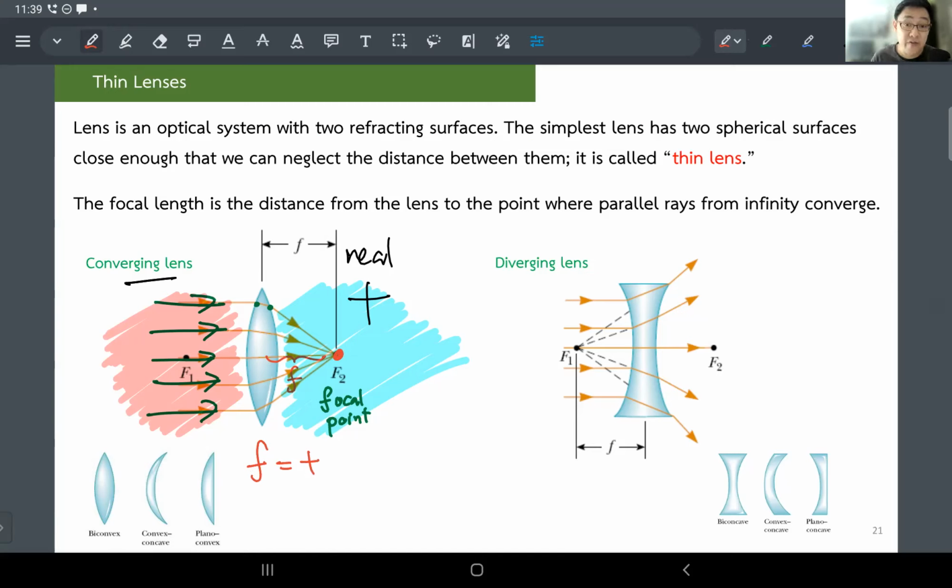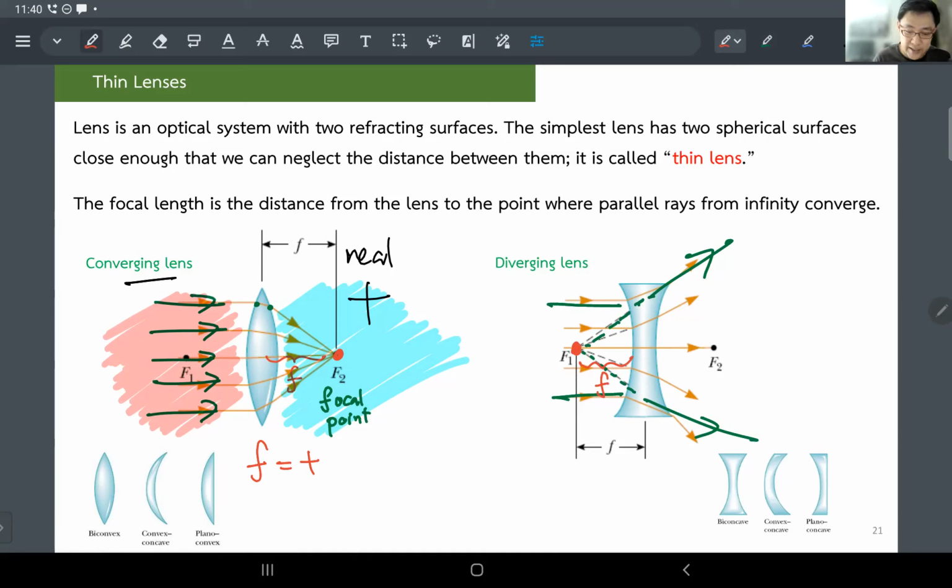Now look at another type of curvature. If you have a diverging lens, that means when you send in light, it gets diverged out. Of course, the rays are never going to cross. So the only way to get the crossing point is to extend those rays yourself. So now you get a virtual crossing of those rays. If you look at the distance, your focal length shows up in the front.